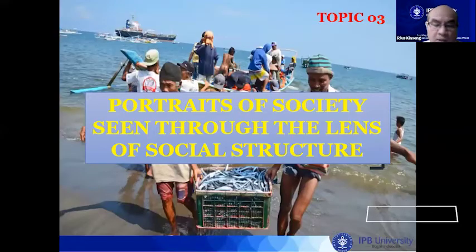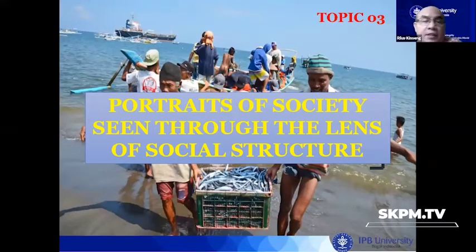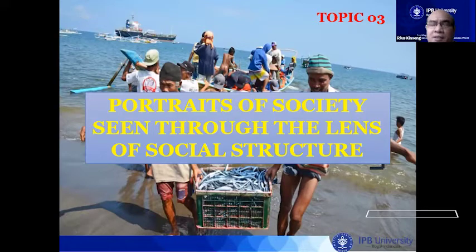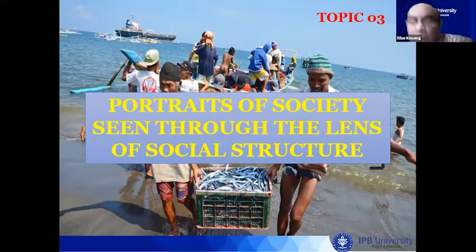Okay, so the topic of today's lecture is portraits of society seen through the lens of social structure, meaning we want to see the society from the perspective of social structure. What kind of picture can we see when we use social structure as a means of looking at the society?